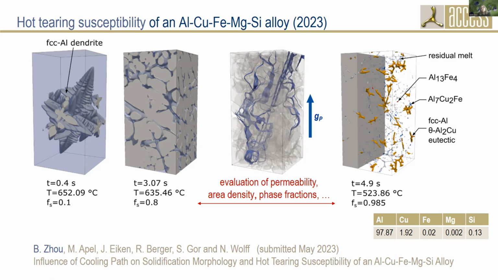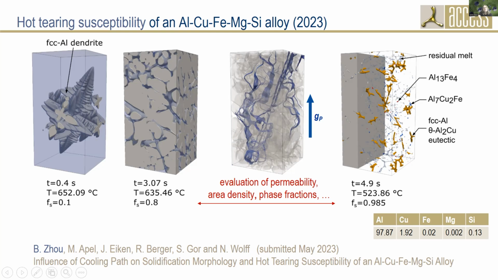So we have not resolved the inner interfaces between these two eutectic phases. We also see two iron compounds, which again have only very small fractions and may not play an important role.